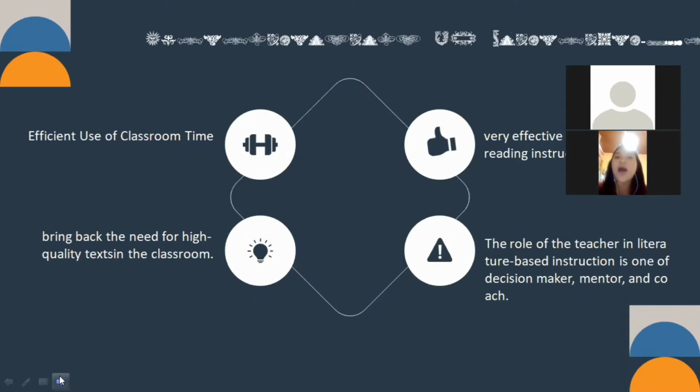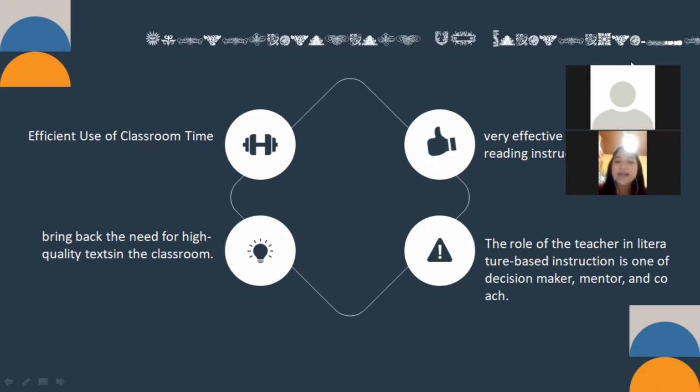The teacher chooses appropriate literature that relates to the topic that we're going to learn, so that the literature provided by the teacher is of high quality and closely related to the topic of discussion.